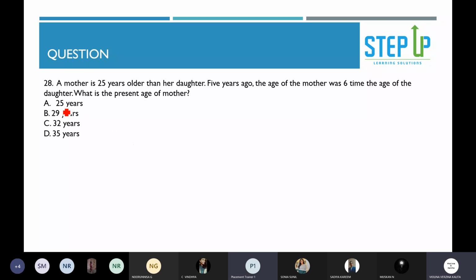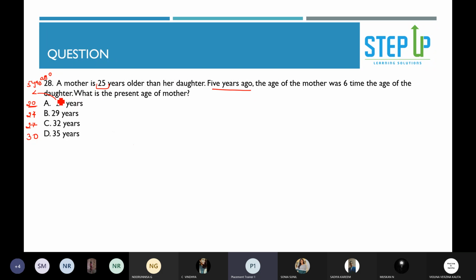Correct. Now what I'll do here: if I go 5 years ago, this will be 20, this will be 24, this will be 27, and this will be 30. The age difference has to be minimum 25.